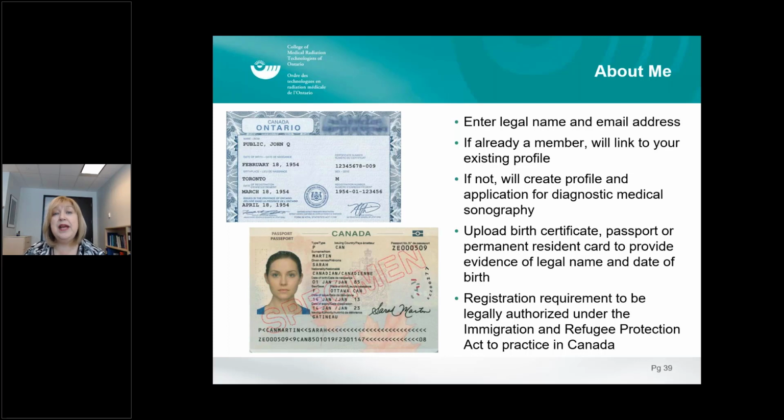Because one of the things that we have to make sure is that you're legally authorized under the Immigration and Refugee Protection Act to practice in Canada. If you're an international applicant, you can still apply. That can be one of the things that you can do later on. But in the meantime, we do need to make sure that we can confirm your legal name and date of birth.